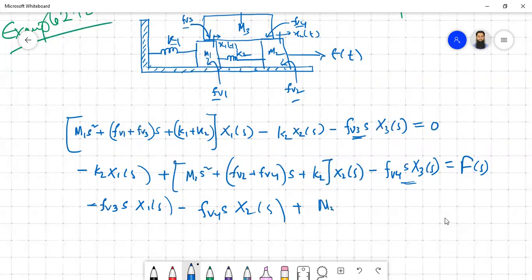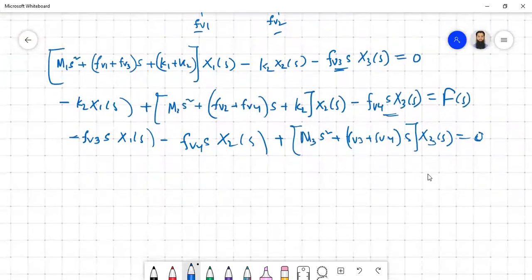So M3 S square plus FV3 plus FV4 S. There is no spring associated with the M3. So this is your X3 S equal to 0. So they only ask you to find out the equation. So finding the equation of the mechanical system, translational mechanical systems now becomes very, very easy. Very, very simple to do.